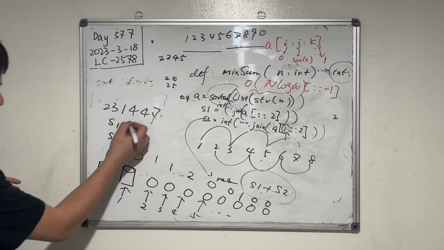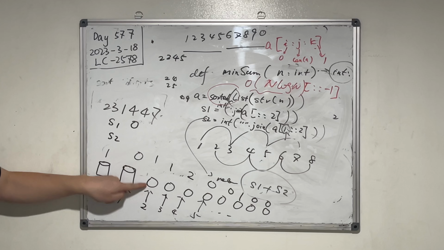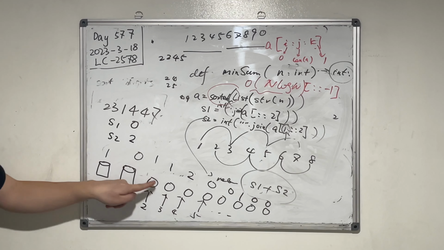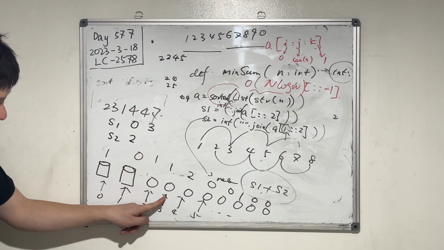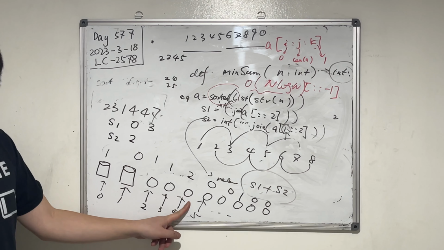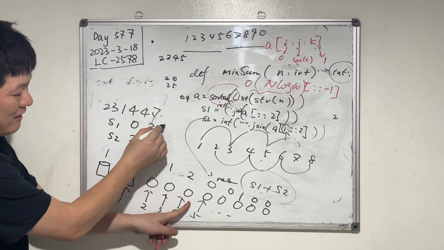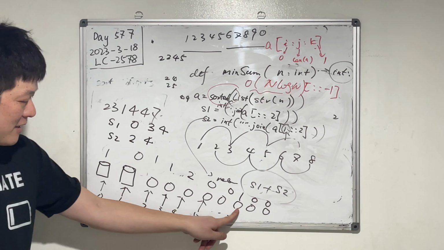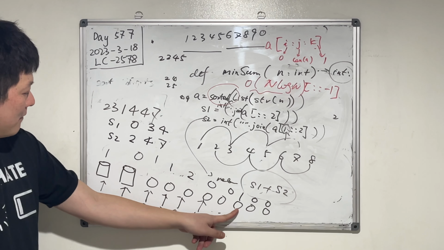For digit 2, I have 1, where does it go? Here. Move next, the 3. Move next, 4: I have 2, so 4 goes to both. Then 0, 0, 0. Now this 7, where do I put it? Here.